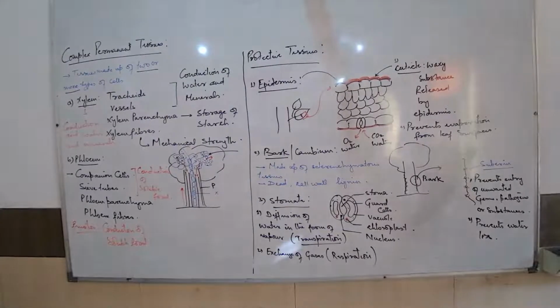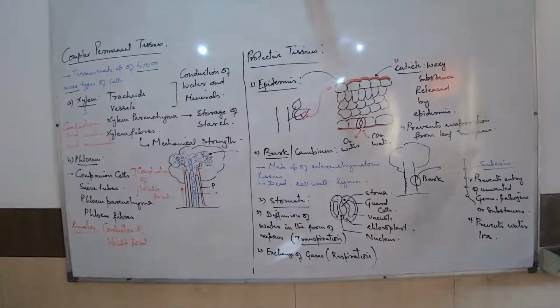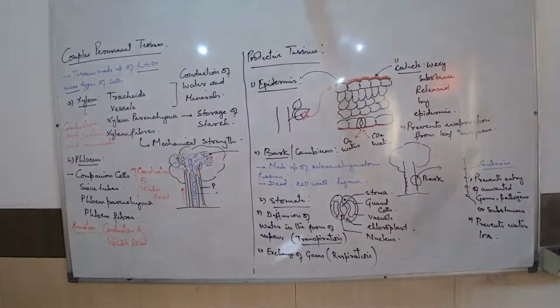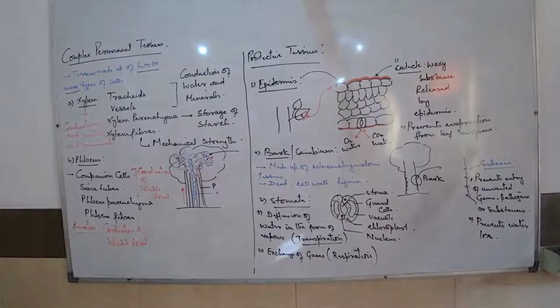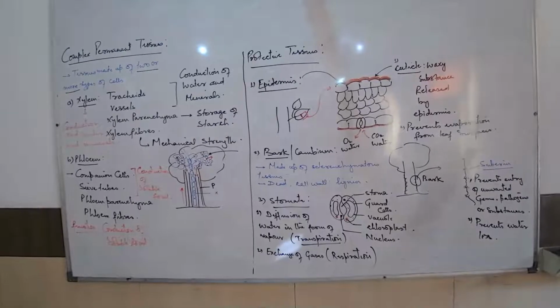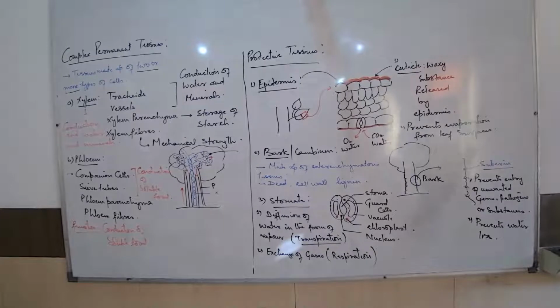Name the protective tissue of the plant that produces cuticle, full stop.